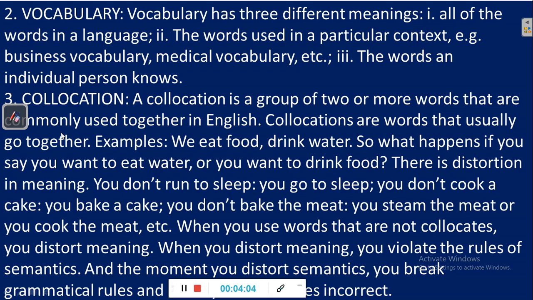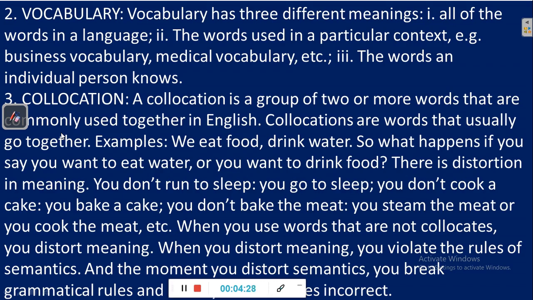For example, you talk of the business vocabulary or vocabulary of business, vocabulary of medicine or the medical vocabulary, vocabulary of agriculture, vocabulary of computer, vocabulary of the internet, vocabulary of science and technology, and so on and so forth.